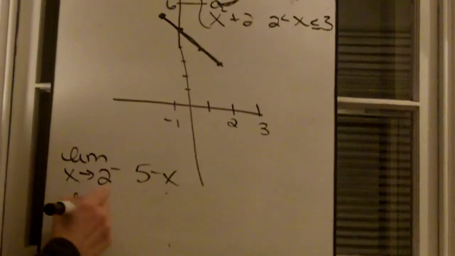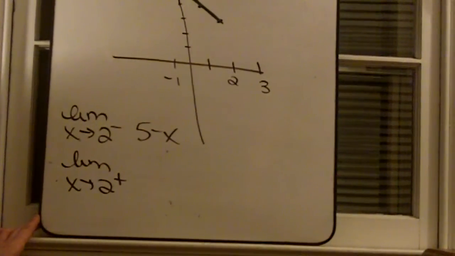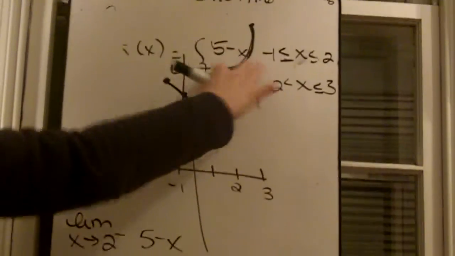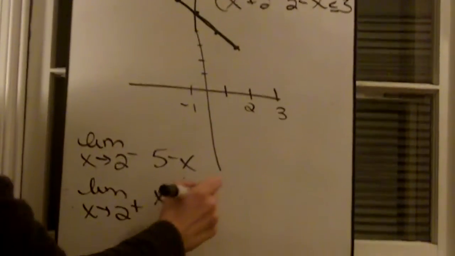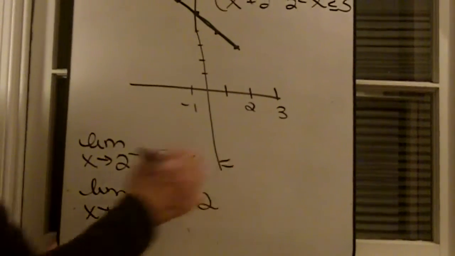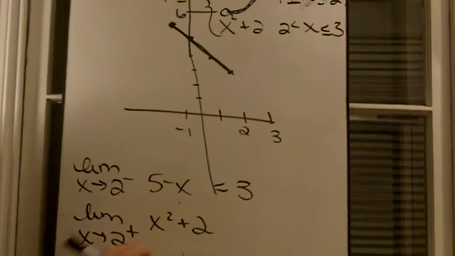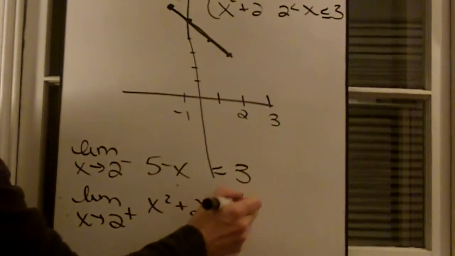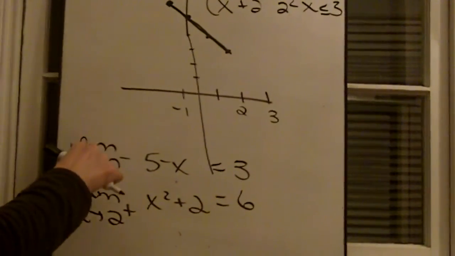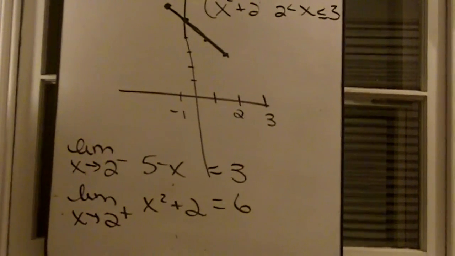The limit as you approach 2 from the right would come from taking the other piece, the x squared plus 2 piece. And when you do that, you find that 5 minus 2 is 3, but 2 squared plus 2 is 6. And so if the limit from the left and the limit from the right are different, the limit doesn't exist.